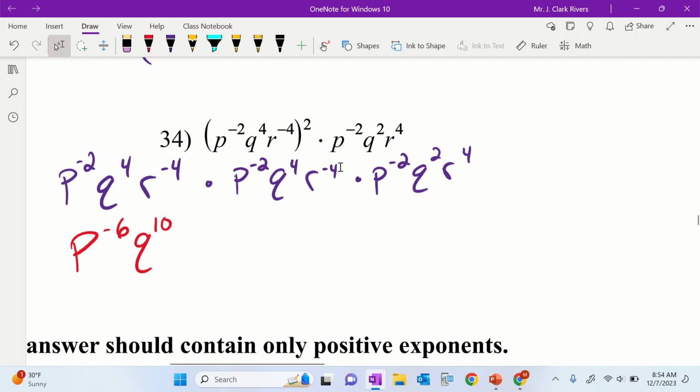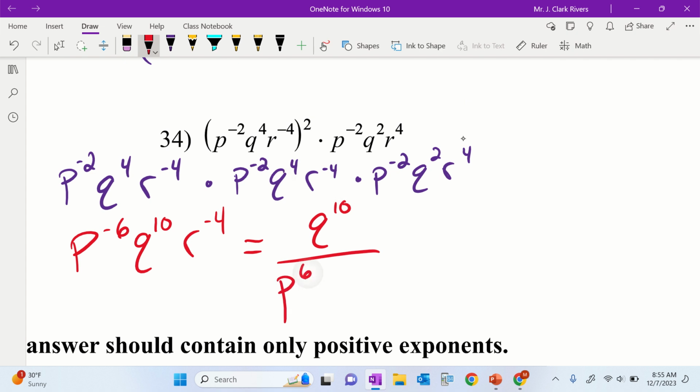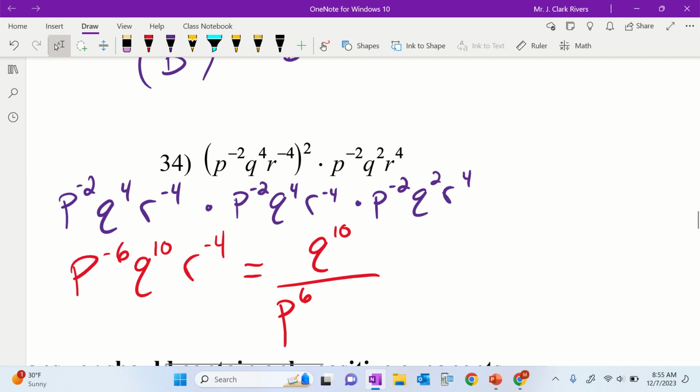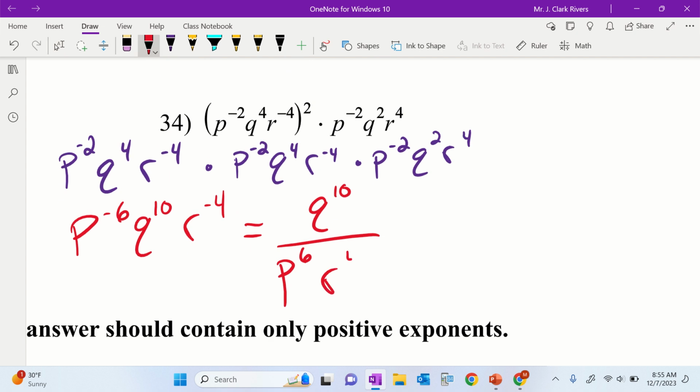R to the power of negative 4, r to the power of negative 4, r to the power of positive 4. That's negative 4 plus negative 4, which is negative 8, plus 4 is r to the power of negative 4. So now we need to rewrite this so that we have positive exponents. Q to the power of 10 is a positive exponent, so it stays right where it's at. P to the power of 6, r to the power of positive 4.